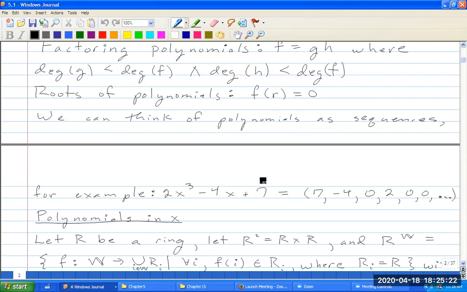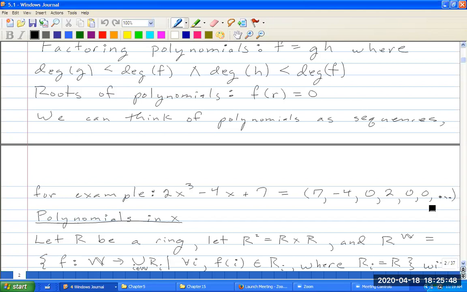So 7 x to the 0 minus 4x plus no x squared plus 2x cubed plus no x to the fourth, etc. Can be thought of as a sequence. The polynomial can be written as the sequence 7, negative 4, 0, 2, 0, 0. Okay.